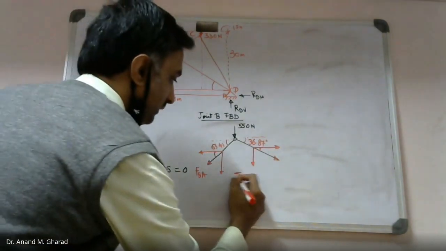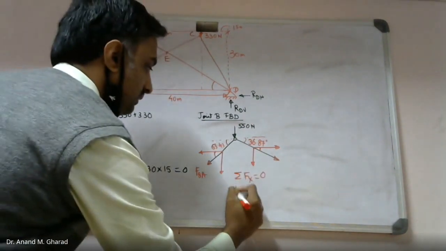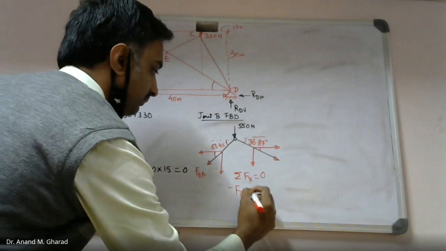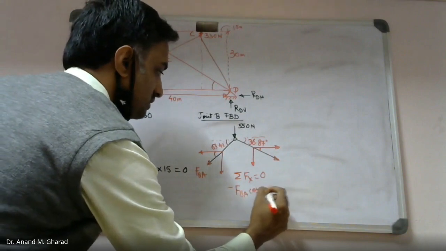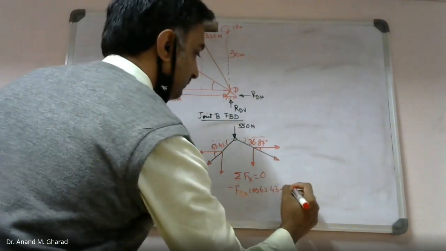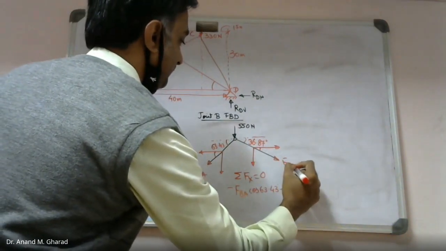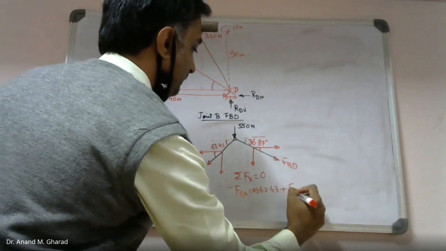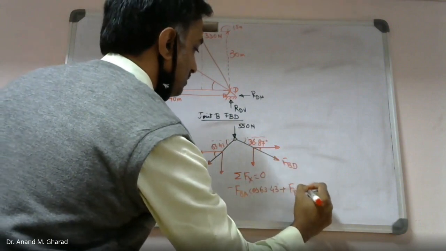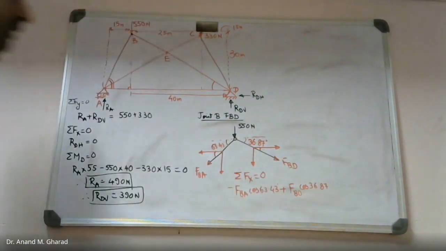Now you apply equations of equilibrium. So minus FBA cos of 63.43 plus FBD cos of 36.87 equal to 0.